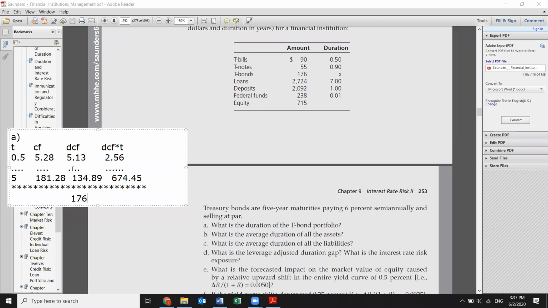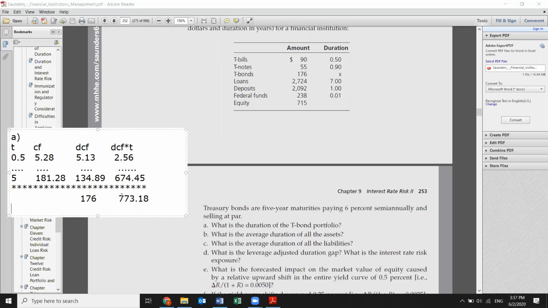If you multiply by T, and sum it all, the discounted cash flow sums to 176. And if you sum the discounted cash flow times T, you get 773.18, and duration is equal to 773.18 divided by 176, which is 4.3931 years.